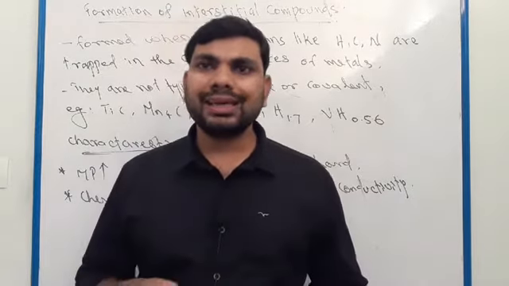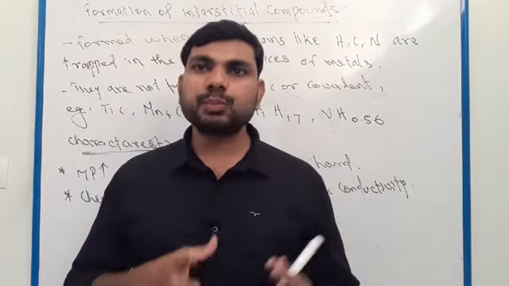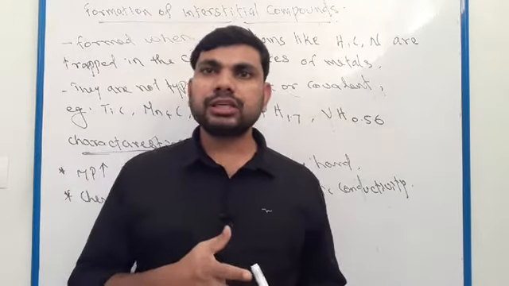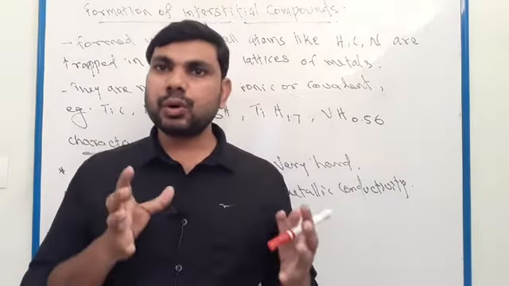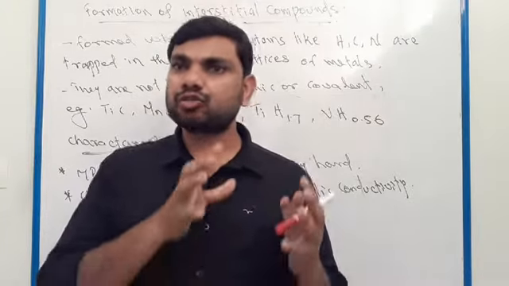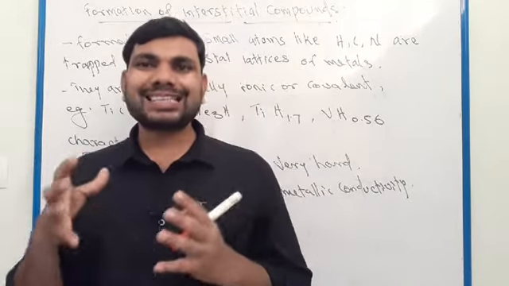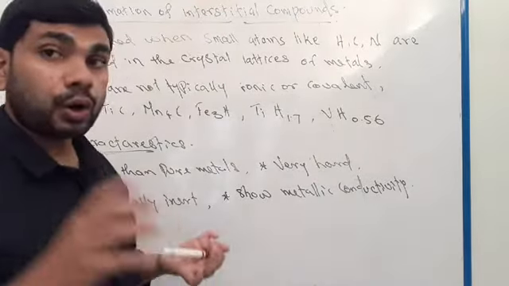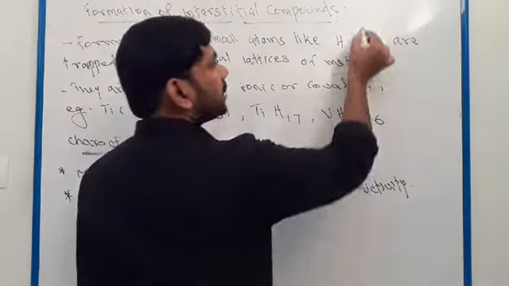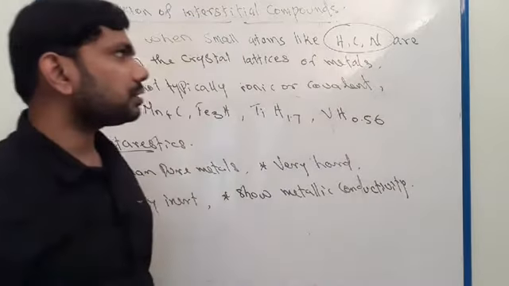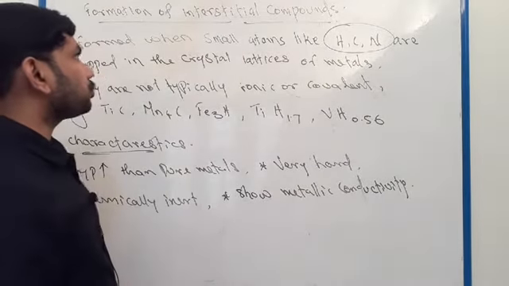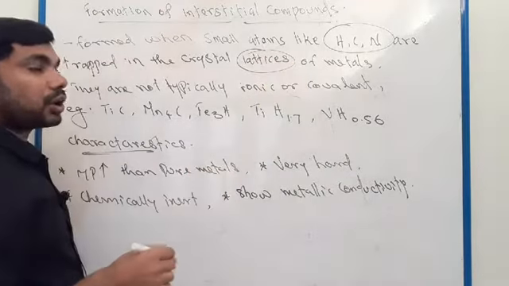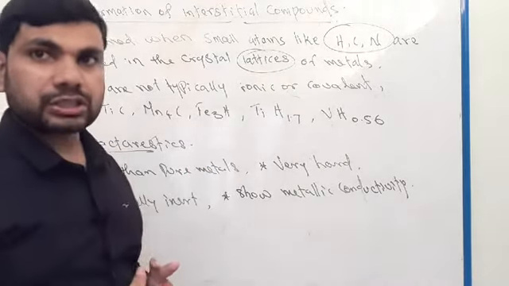Okay, next one we have to discuss here is formation of interstitial compounds. Interstitial compounds means small elements such as hydrogen, carbon, nitrogen are trapped in the lattices of the metals.